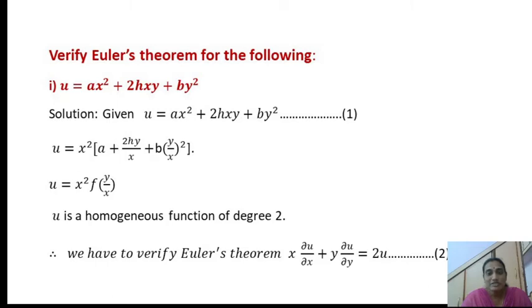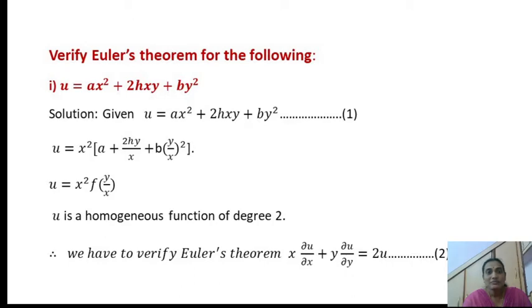In this equation we can take x square as a common factor, then it becomes x square into a plus 2h y by x plus b into y by x whole square. So it can be written as x square into a function of y by x. Therefore u is a homogeneous function of degree 2.